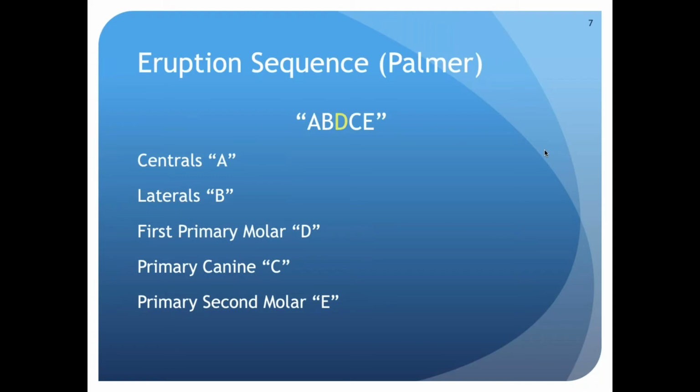So if we're talking about number 7, the upper right lateral, that's an upper right B. Our first primary molar is our D, our primary canine is our C, and our primary second molar is our E. So for our eruption sequence for primary teeth, it's A, B, our central and our lateral, followed by our first primary molar, then our primary canine, and then finally the primary second molar. So A, B, D, C, E is a good way to remember these things. And again, remember that our mandible is usually going to be before our maxilla.